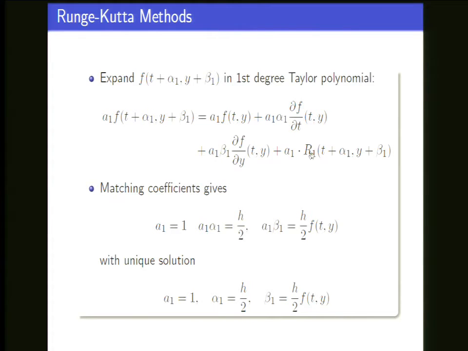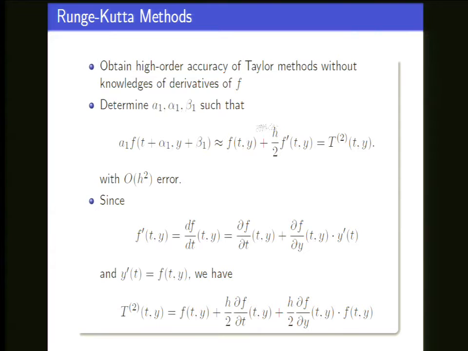Yeah? So when the question asks for error of order h squared, does that mean you take the Taylor of just before everything, or one step? I don't remember your homework problem exactly, but you're right.